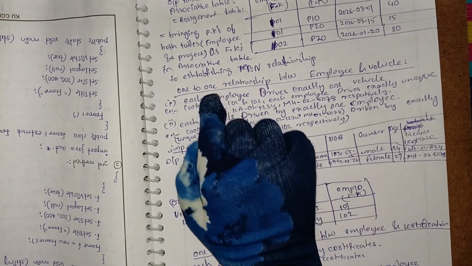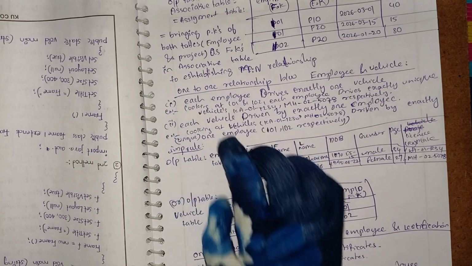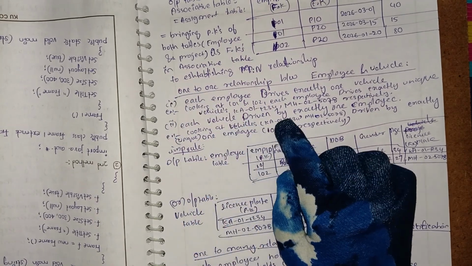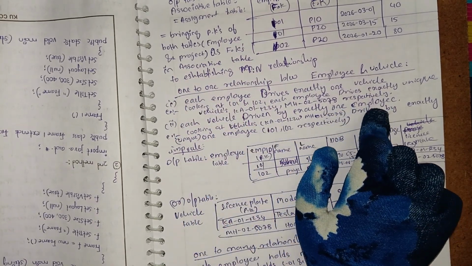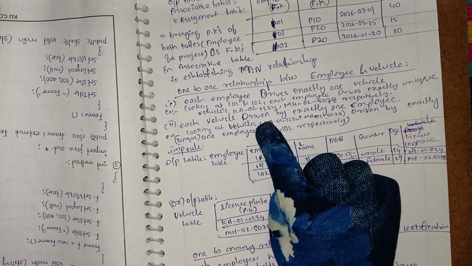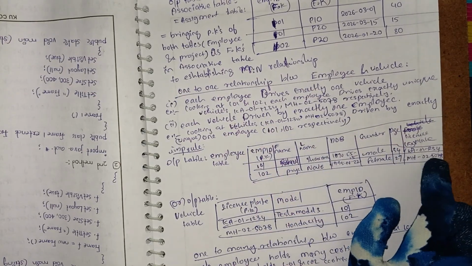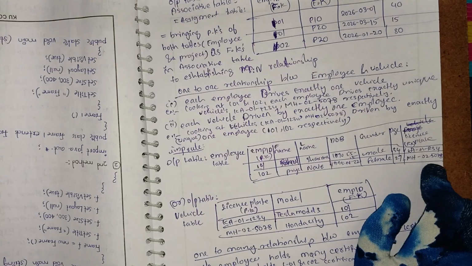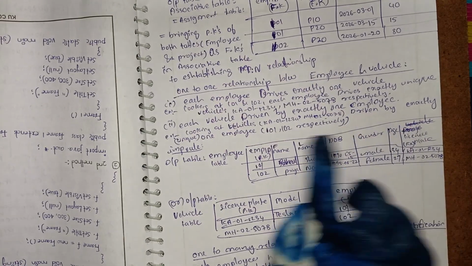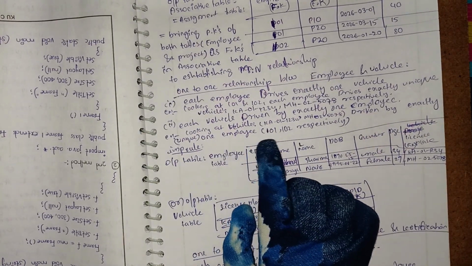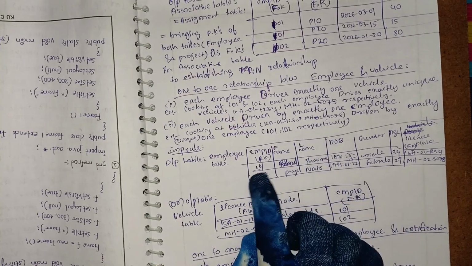And the second statement is from right to left, that is one to one, that is each vehicle driven by exactly one employee. Looking at vehicles KA and MH, driven by exactly unique one employee, that is 101 and 102 respectively.